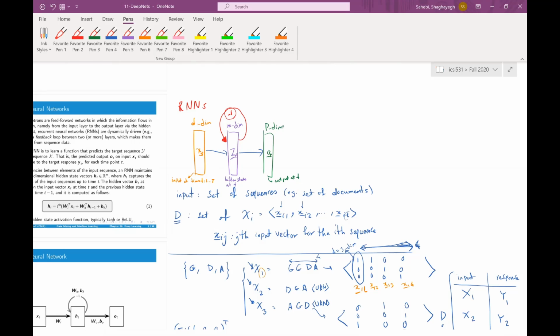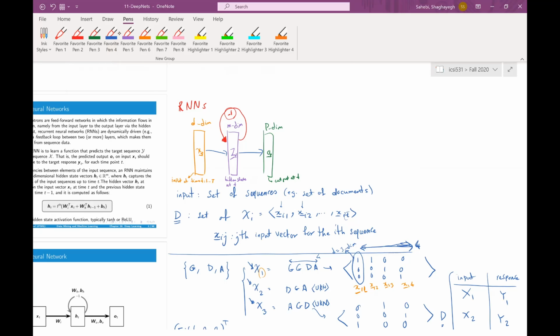We are going to feed the x's, each x at each time, one by one to the network. So we feed xi1, then we feed xi2, then xi3, etc.